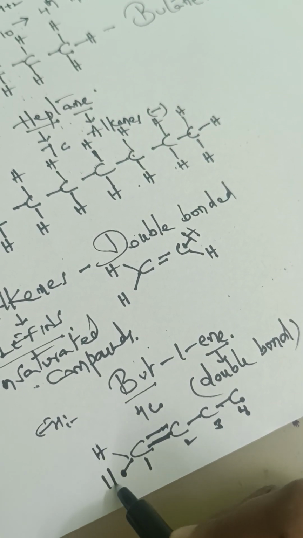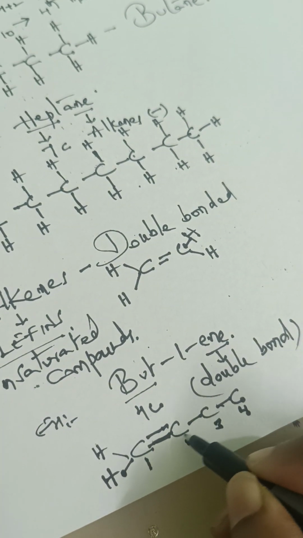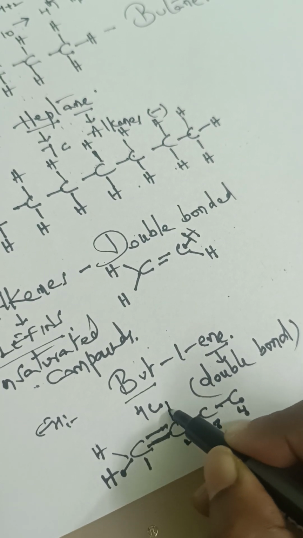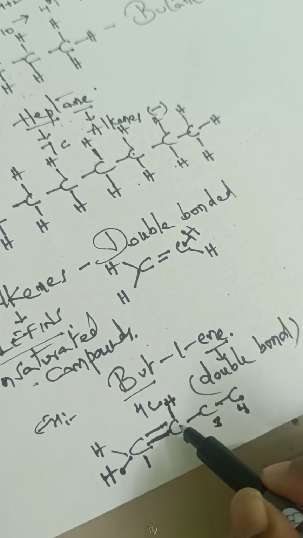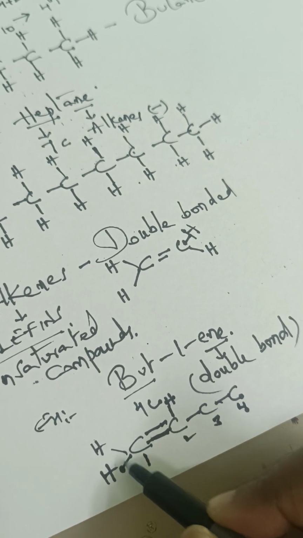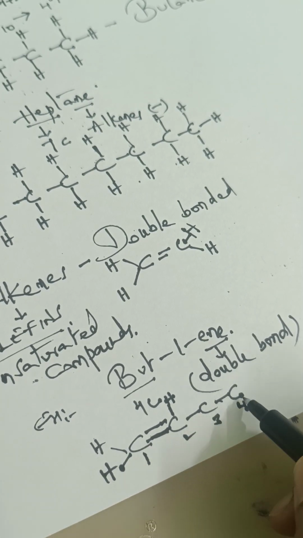So here I am writing hydrogens. For this carbon, how many bonds are there? 1, 2, 3. Here you have to place 1 hydrogen. For this carbon 1, 2, 3, 4, it is satisfied. Like that you have to check for each carbon.